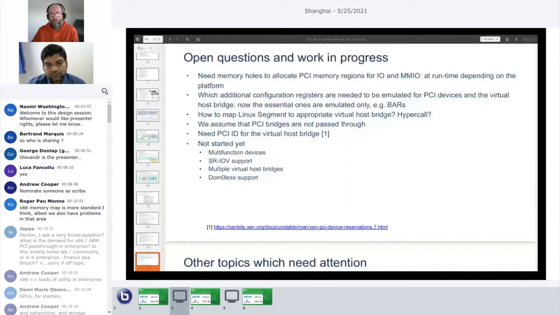I will put more meat into it. So I am working on SR-IOV support at the moment. So right after that, I think that we'll be able to show something to the community, like an RFC, so we can start discussing that, because we do want to upstream that, and we want to align with x86.